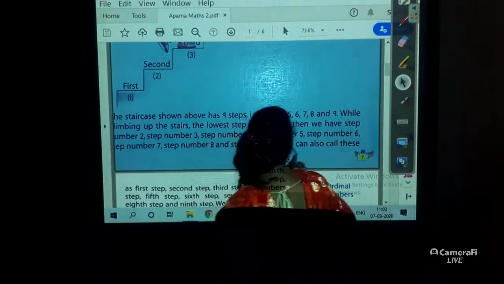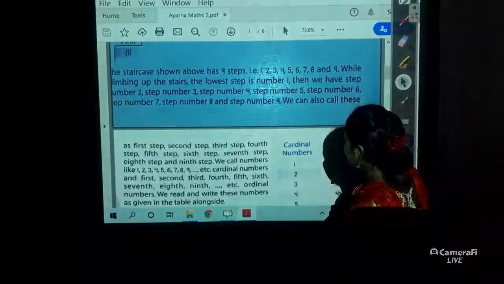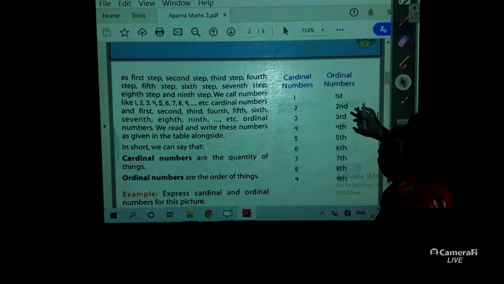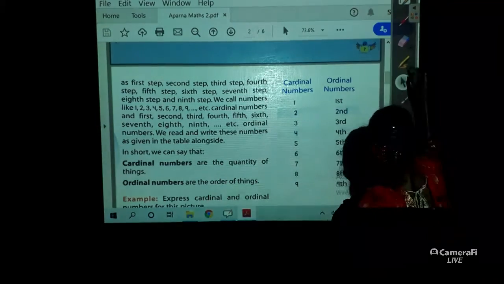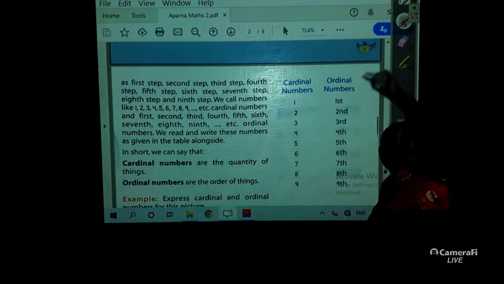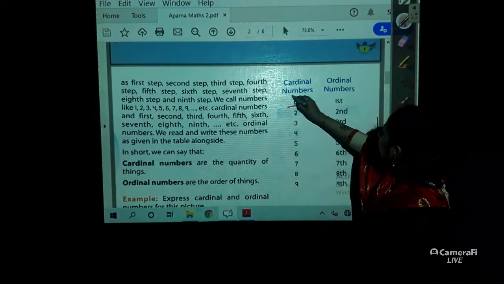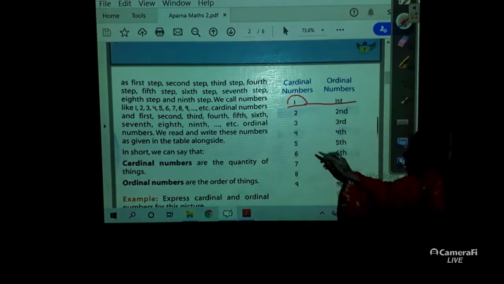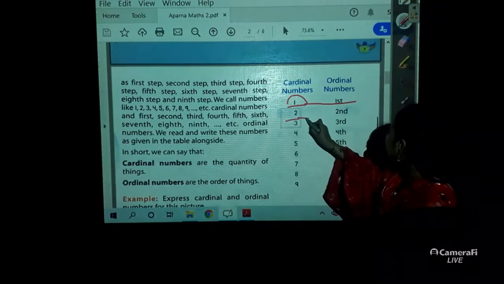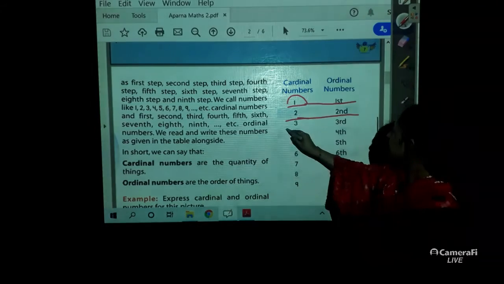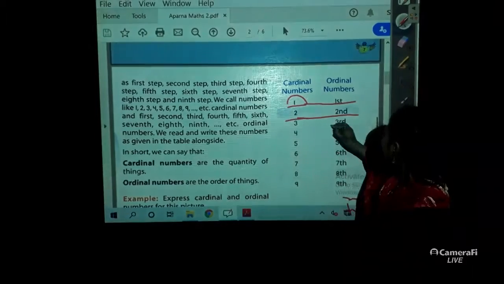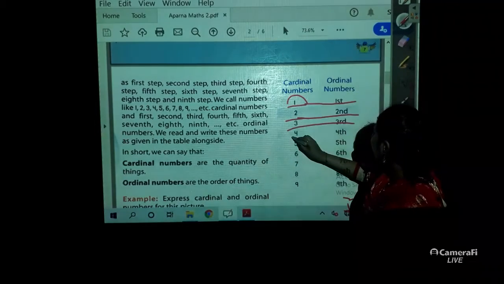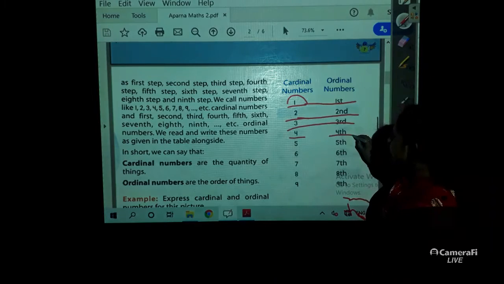We can call these numbers, right? These are cardinal numbers. Cardinal numbers, and these are like first, 1. So simultaneously we can write it like this: 1st, second 2nd, third 3rd, fourth 4th.